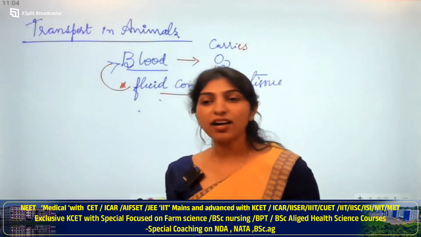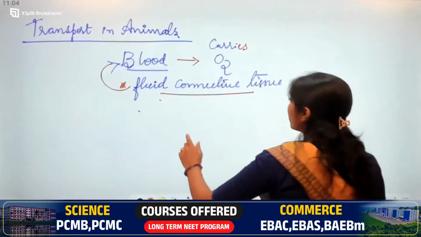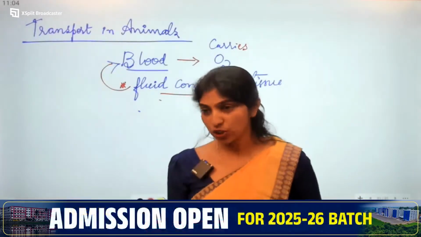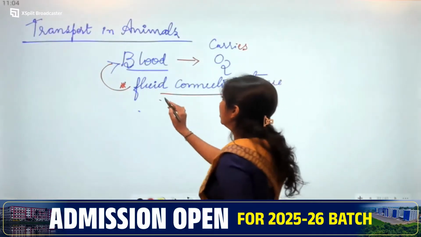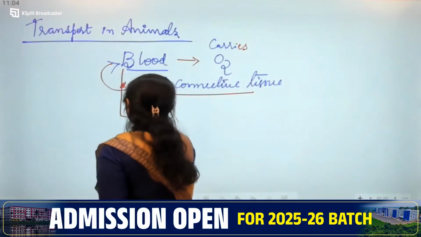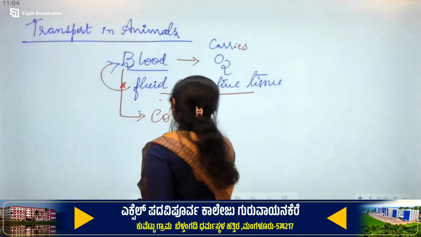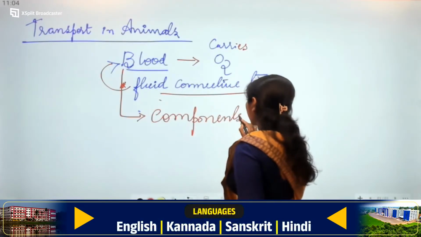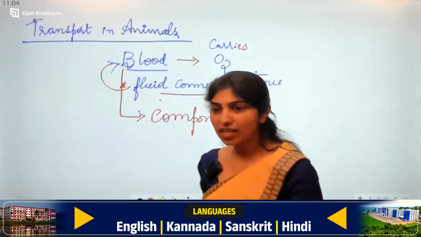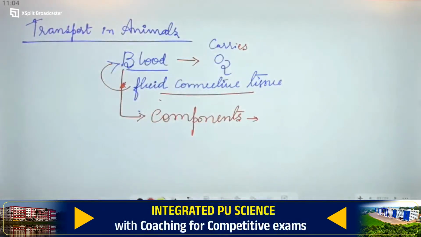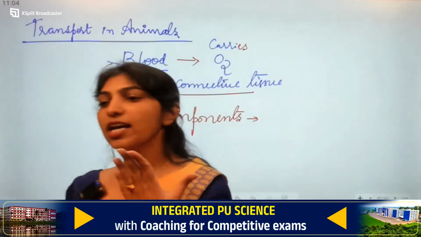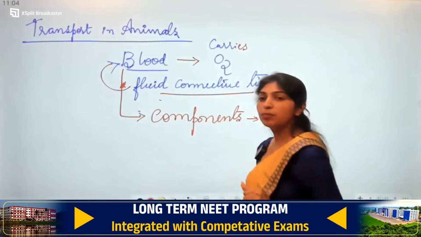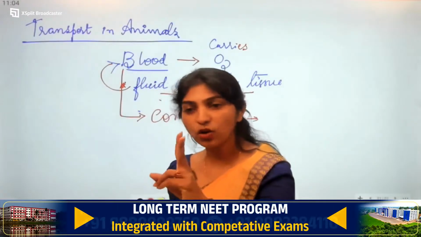So, coming to the introduction for blood, it is a fluid connective tissue, or you can say a specialized connective tissue. Now, what are the components of blood? Which are the components of blood? Someone has already answered. You told RBC, WBC, platelets. So, can we say the blood is divided into two main components?